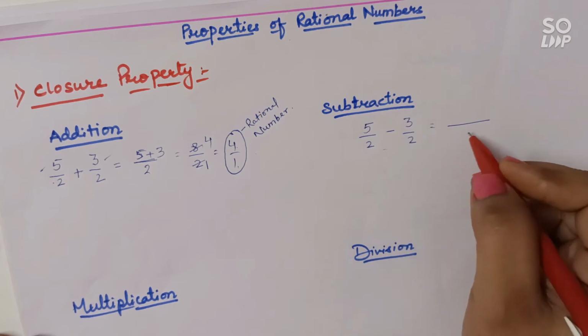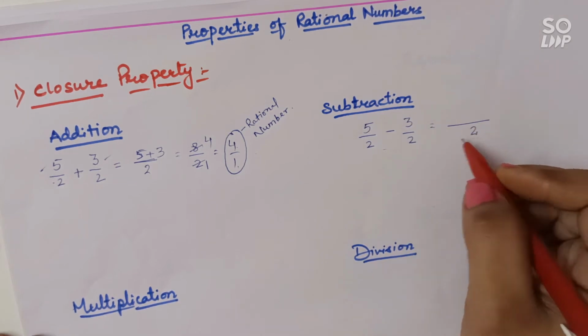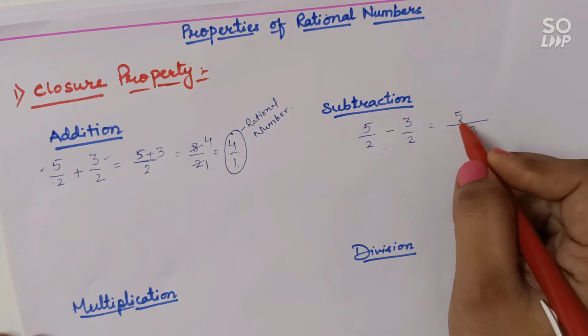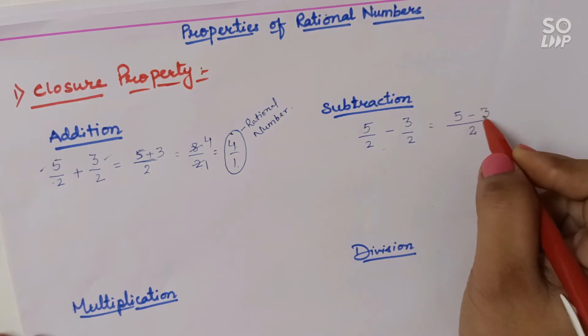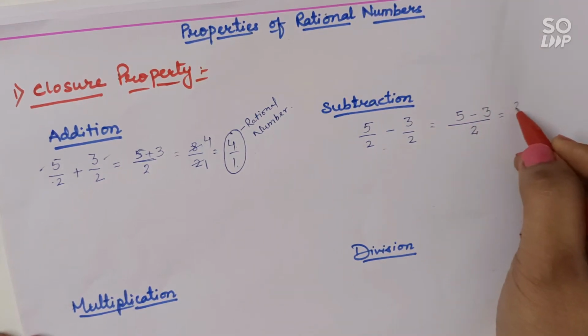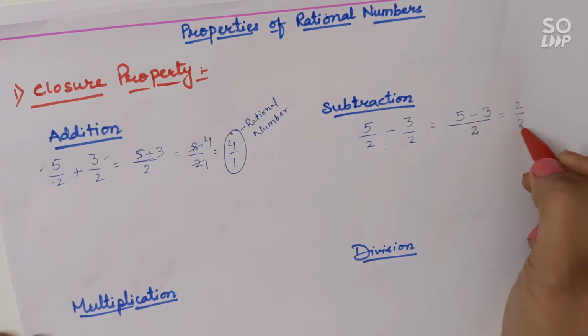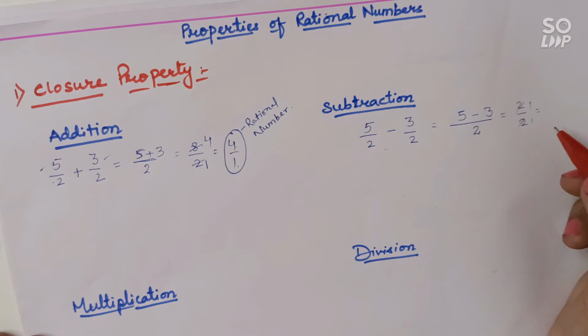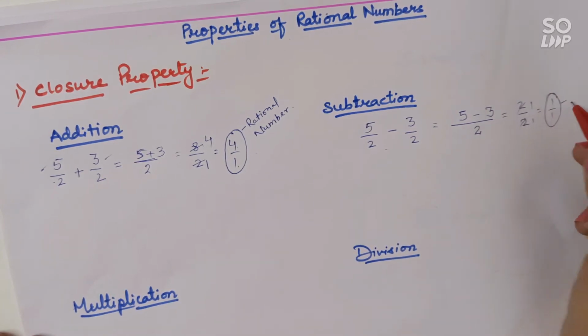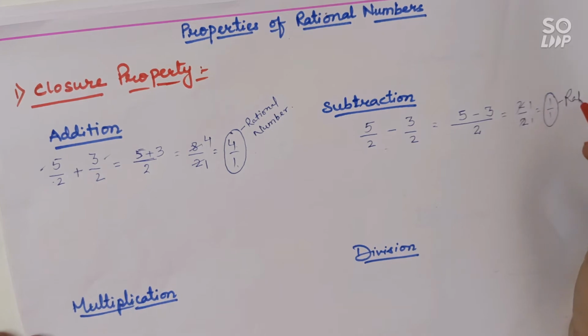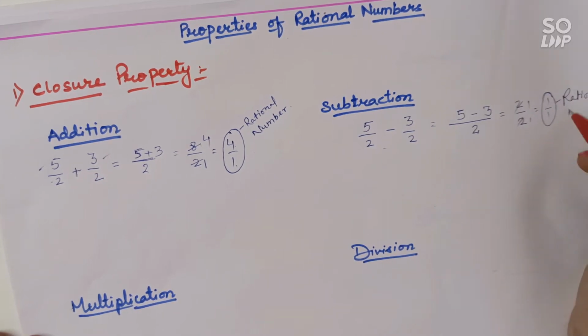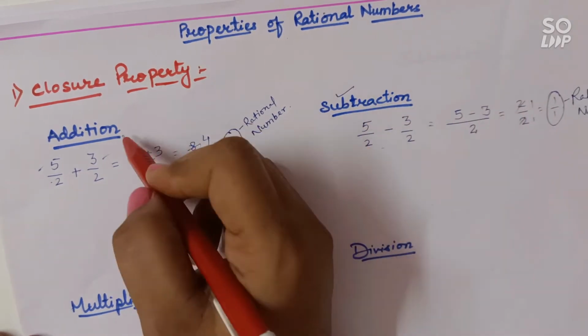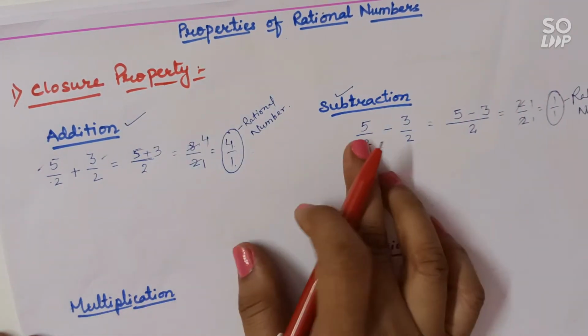Here the denominators are same, so we'll just copy down the denominator, and the numerator would be 5 minus 3, that is 2, so 2/2 is equal to 1. In this case, it is also a rational number. So it's true for addition and also for subtraction.